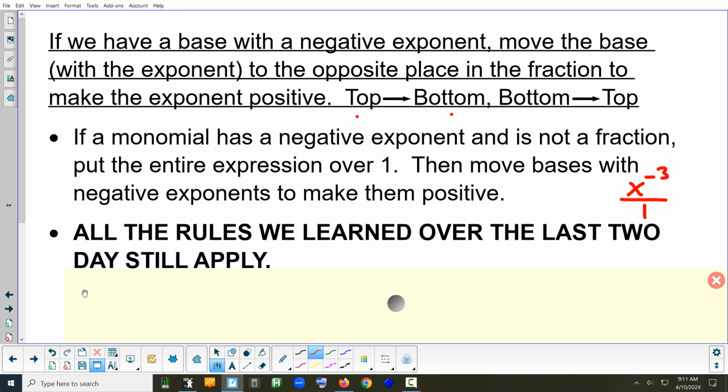Does everybody have that written down? All right, so let's look at a few things together before we do examples 2, 3, and 4.